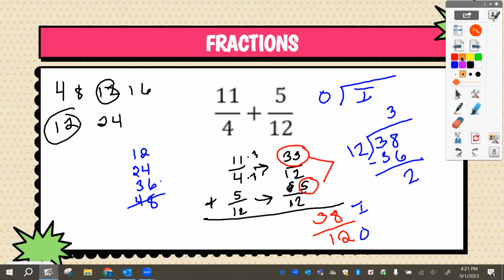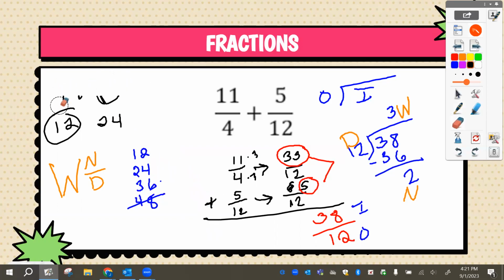Well, my little trick to remember how to write this back to a mixed number is we divide numbers. And the way that works is we're going to look at it as we divide numbers. The W in we stands for whole. The D in divide stands for denominator, and the N stands for numerator.